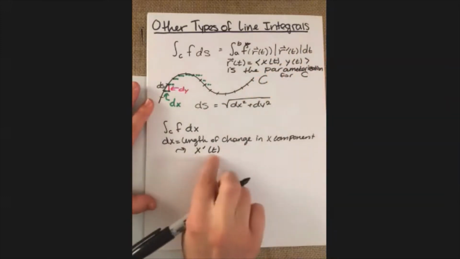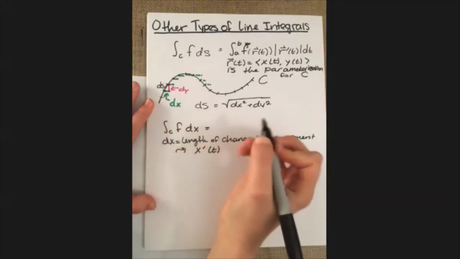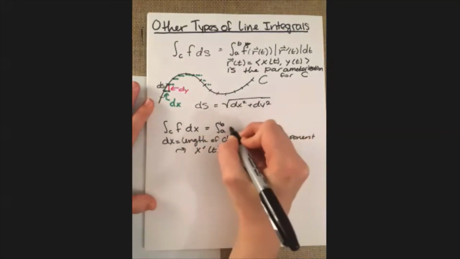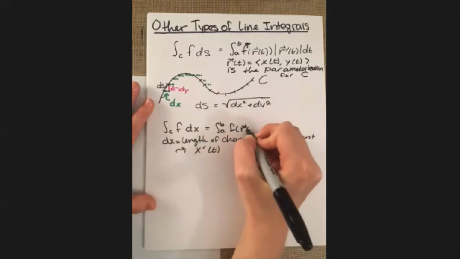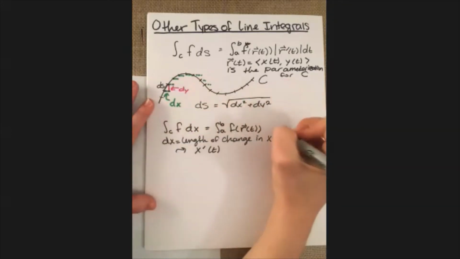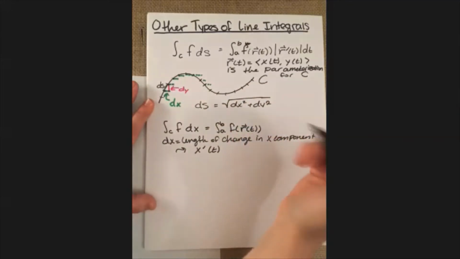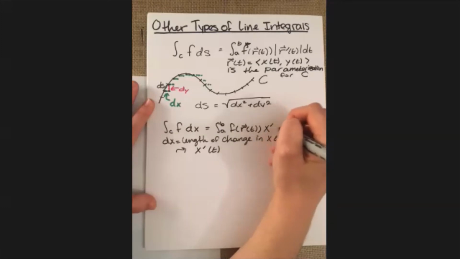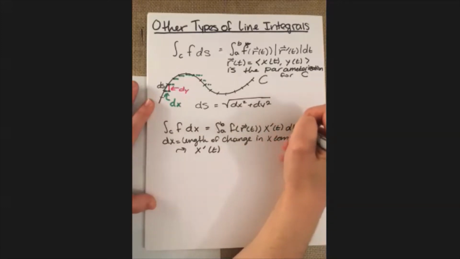So that's what we're going to focus in on for our integral. So when we want to rewrite this in a way that we can actually use it, we do f of r of t, because we still want to restrict our function to our line. That's this part, and that doesn't change at all. But now we're multiplying it by x prime of t dt.